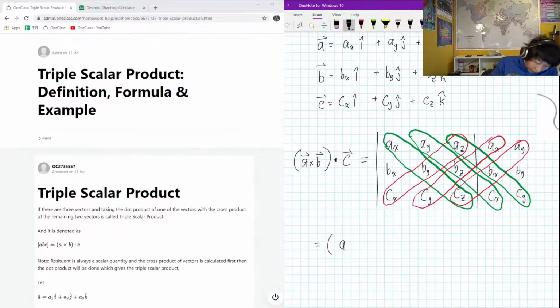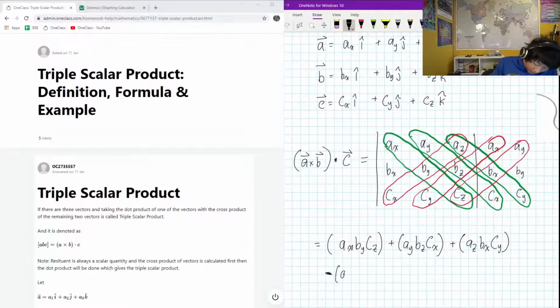So we will have AX times BY times CZ plus AY times BZ times CX plus AZ times BX times CY. And now it's the red terms, so they're minus.